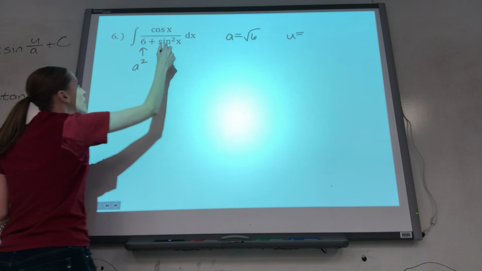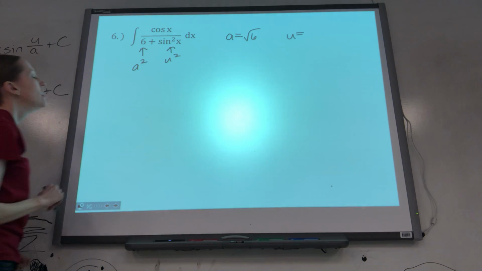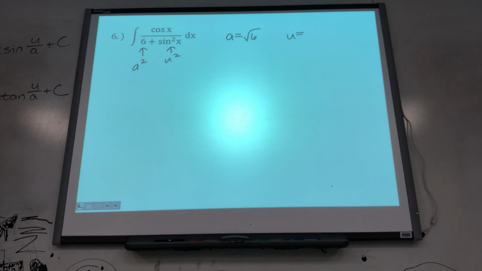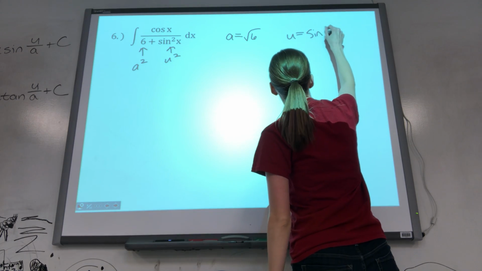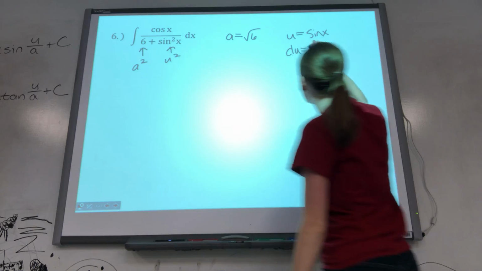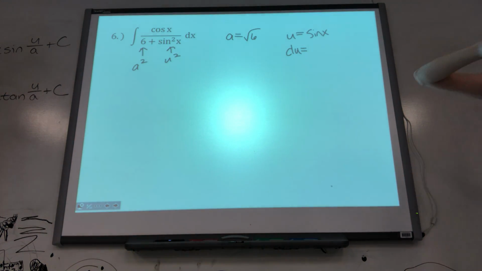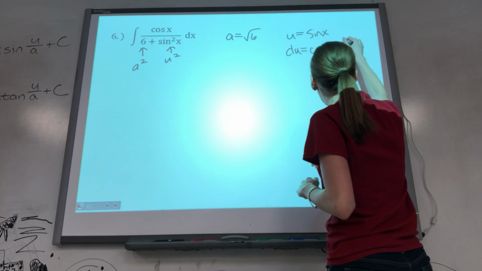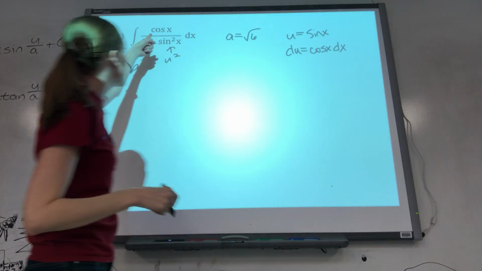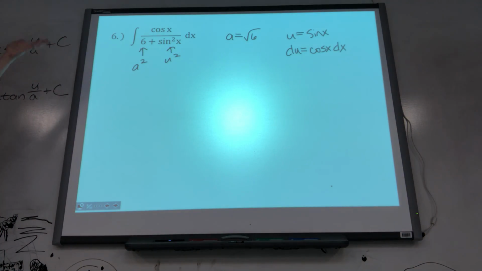Now, if U squared is sine squared, what would U equal? Just sine, yeah. And then what was the derivative of sine? Cosine, and I like the sound of that because I already have the cosine that I need. So you don't have to adjust by anything. It's just what you want.